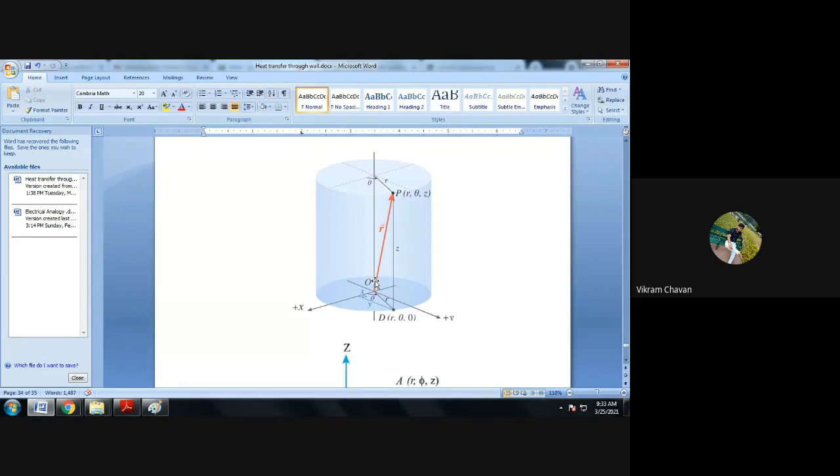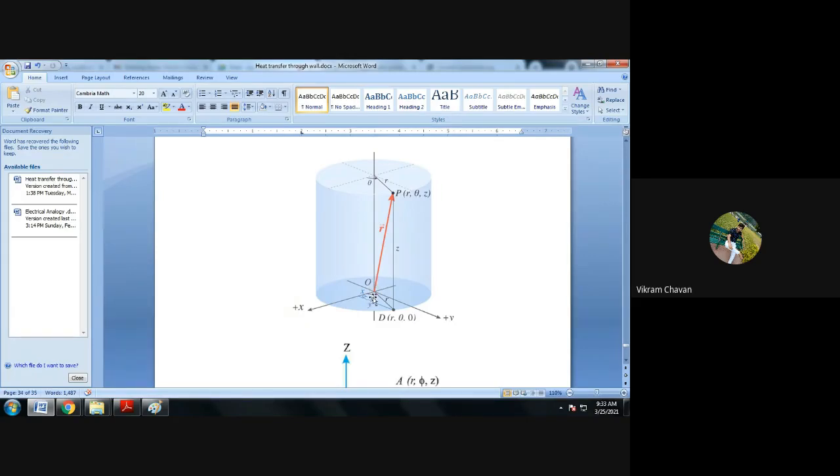Which coordinate system? Here, the coordinates we measure using r, theta, and z. This is the coordinate system we are going to apply for the cylindrical geometry. R, theta, and z. Where z is nothing but what?